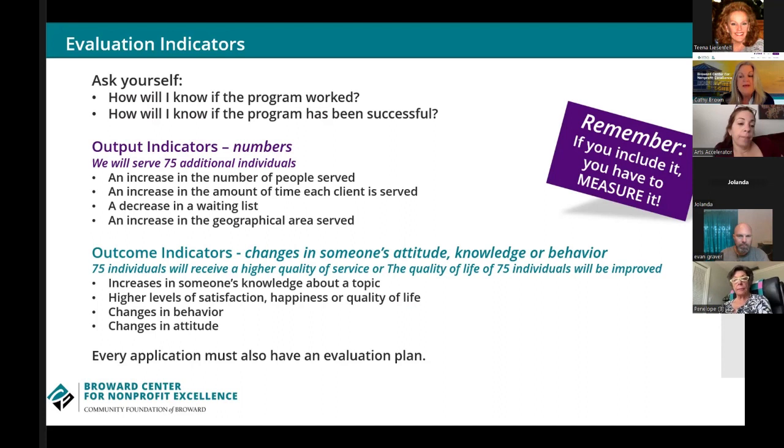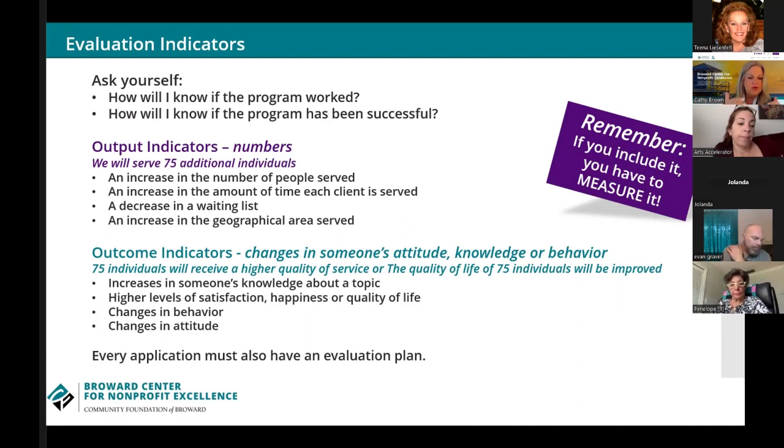Outcome indicators: remember, outcomes are behavior changes. That indicates how you're going to know if someone has had a change in attitude or knowledge or behavior. You've got some examples on here. Maybe they've received a higher quality of service.